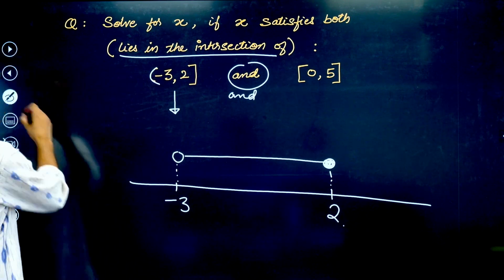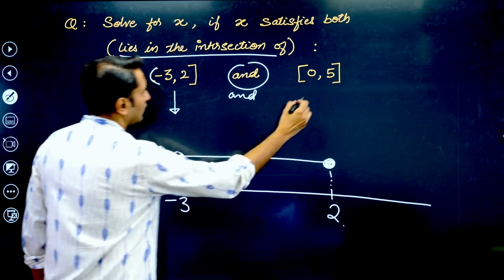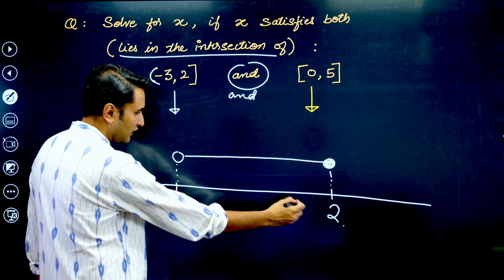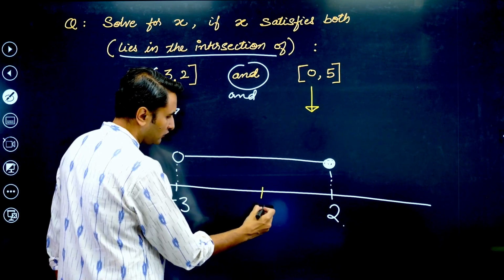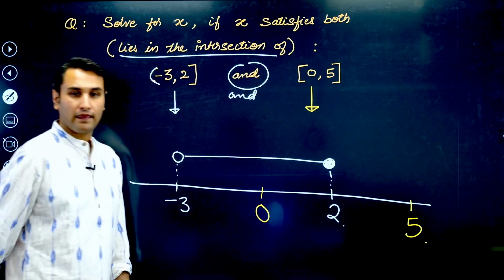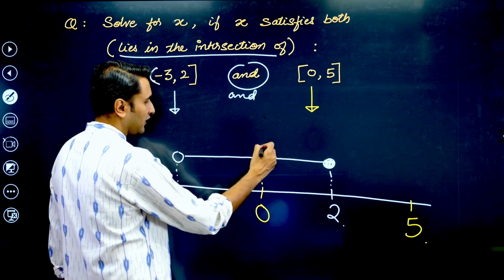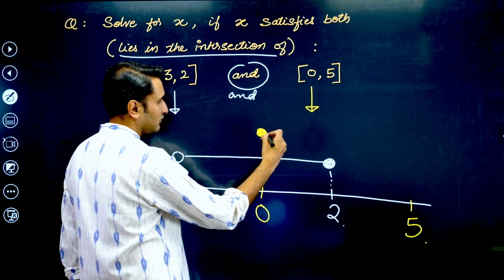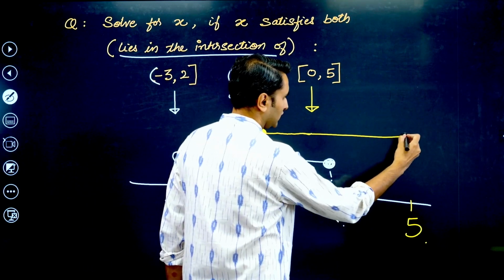Now let me represent this: 0 to 5. What is 0? Somewhere in between minus 3 and 2. 0 will be somewhere here and 5 will be somewhere there. So what is 0 to 5? Include 0, include 5.